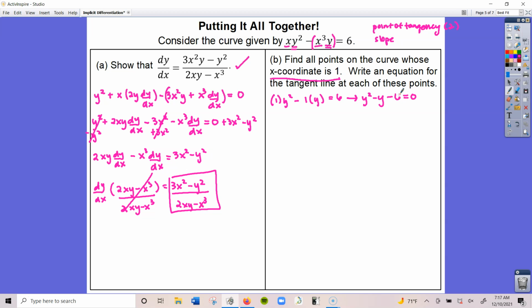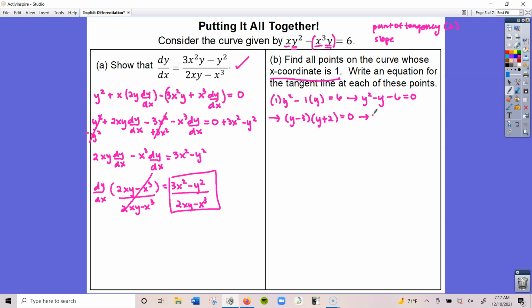Now we're going to factor this. Y squared minus y minus 6 is factored to be y minus 3, y plus 2, since negative 3 times 2 is negative 6, and negative 3 plus 2 is negative 1. Now we solve for y.